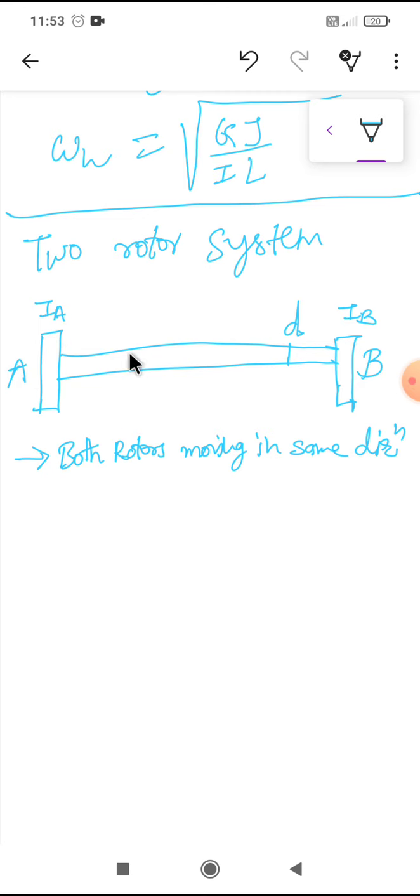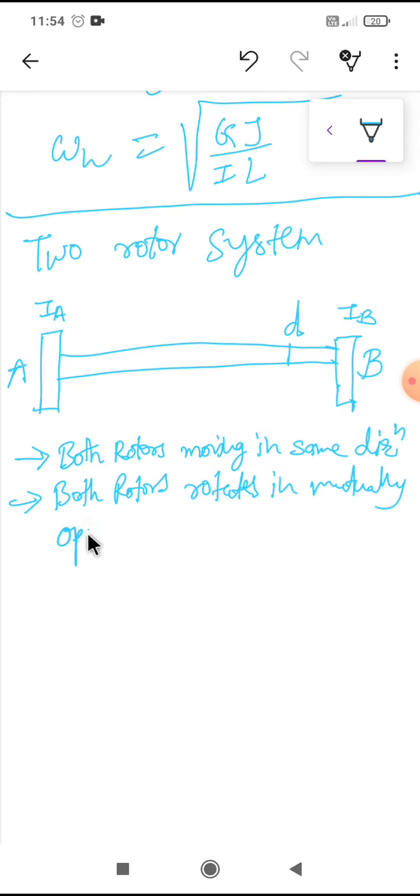If both rotors are moving in clockwise direction or anti-clockwise direction, in that case no vibration or phase difference can occur. So when will vibration occur? When both rotors rotate in mutually opposite direction.